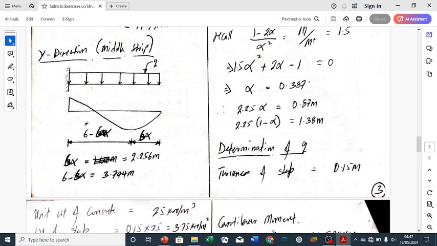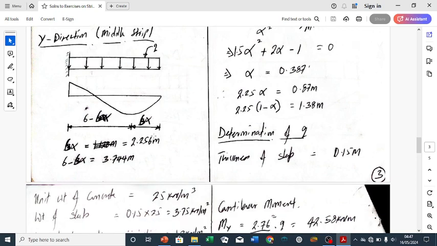And remember, I told you that the distance from the maximum span moment to the simple support edge is usually B alpha, and B was 6 here. So this place is 6 alpha. That means the remaining one will now be 6 minus 6 alpha. So what is the value of alpha? Alpha was 0.376.